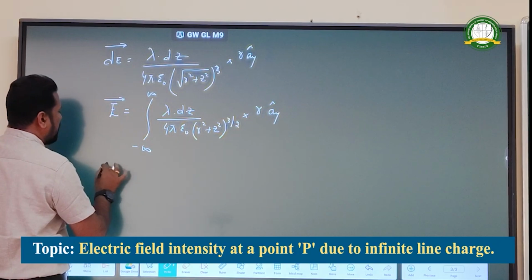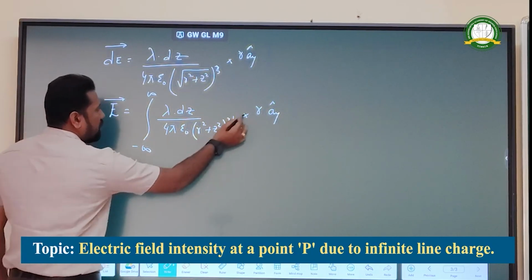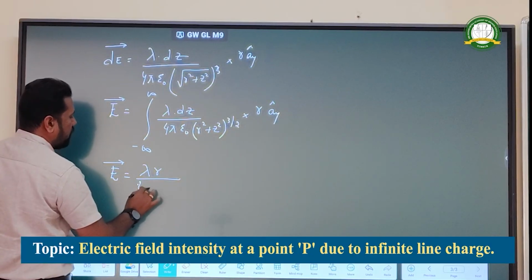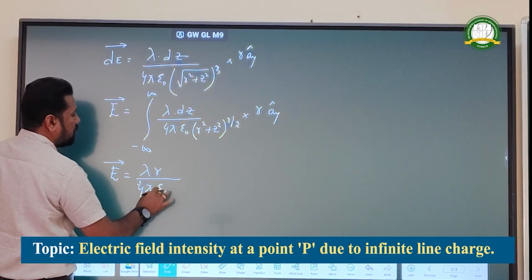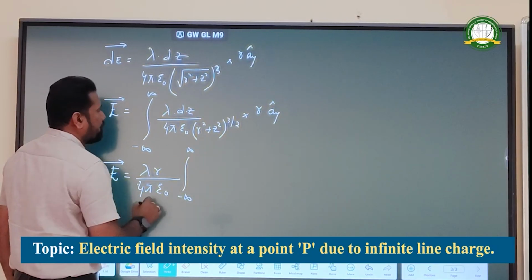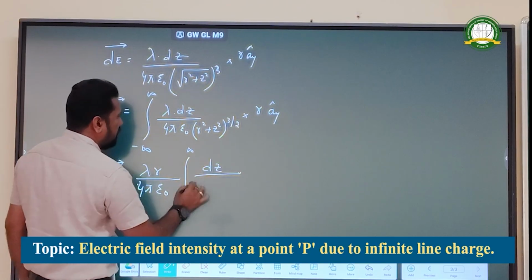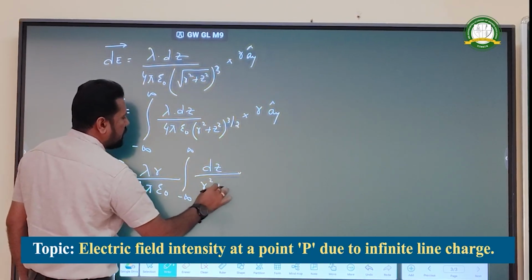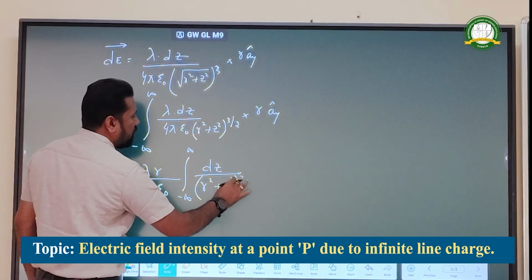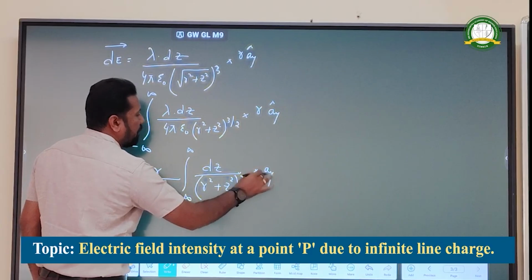So E vector is equal to, I will take lambda as well as r as a distance outside, divided by 4 pi epsilon naught integration from minus infinity to plus infinity dz divided by r square plus z square whole to the power of 3 by 2 into a_y cap.